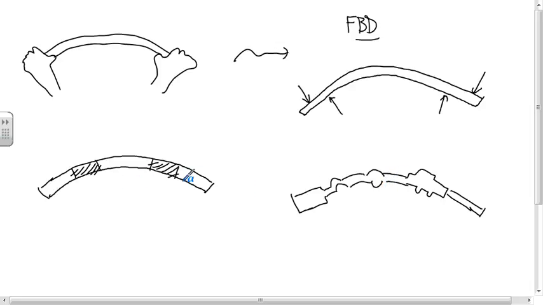And so these are the kind of things that we're going to be able to start to get to this semester. And the key to being able to analyze things like this are 2 new concepts that we haven't talked about at all yet. We've talked about shear force, tension, and bending moment. Now we're going to talk about stress and strain.